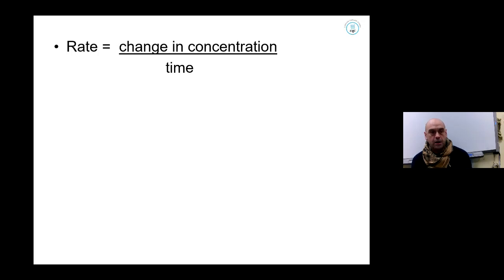If you're ever asked to define what rate is, and exam boards do ask this all the time, I would literally write that expression: rate equals change in concentration over time. Job done. Move on to the next question. I know it's not a sentence as such, but you have defined what rate is. And there's your unit of rate, and that's really important for year 13.